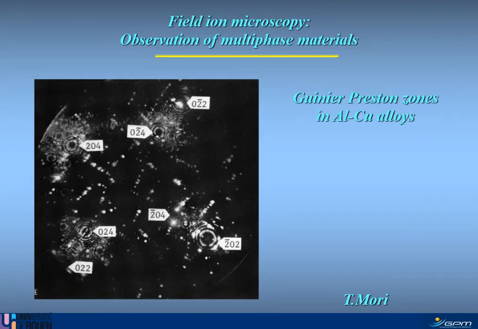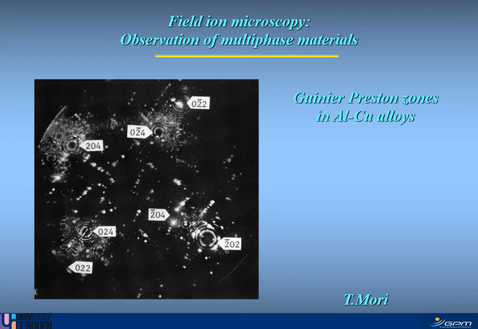Now this is another example, and here we try to get an image of an alloy composed of aluminium and copper. What you are able to see here is that you have not only poles, and in fact you see that you have a lower resolution than previously. The atomic resolution is not really reached here, but you are able to see that you've got bright lines, bright platelets here.